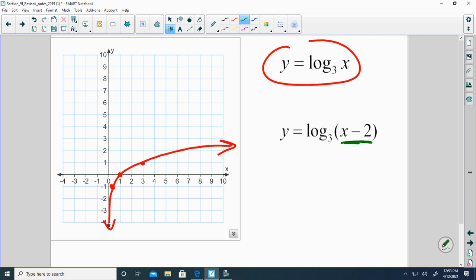Right 2. So my vertical asymptote is now going to change to here. So I'm going to go right 2, right 2, right 2. So when it's grouped, remember it shifts opposite of what you would think.